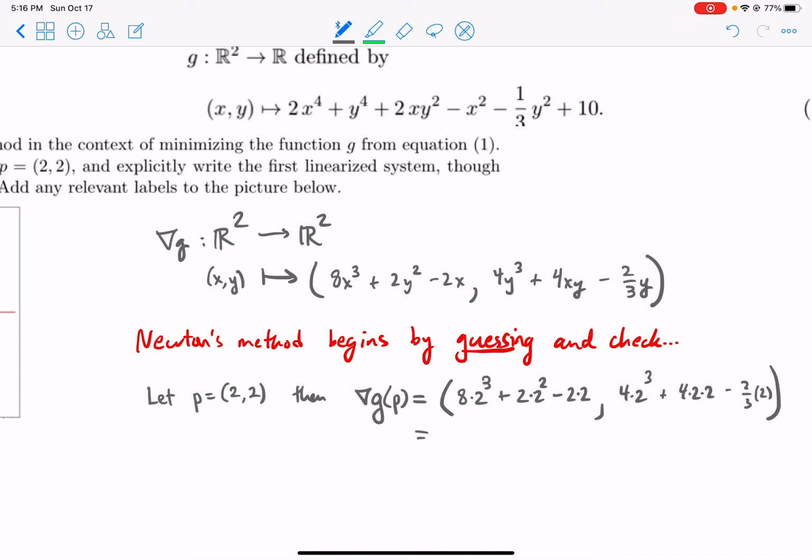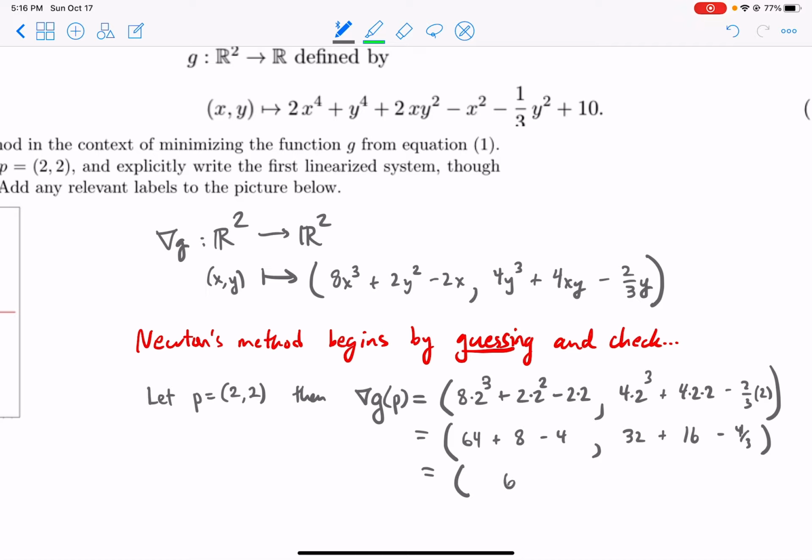So if it's 0, 0, then we're great. We found the critical point. But it's probably not going to be 0, 0, because it's a guess. 8 times 8 is 64, plus 2 times 4 is 8, minus 4. Here we'll get 4 times 8 is 32, plus 16, minus 4/3. Okay, this is looking like it's not going to be 0, 0.